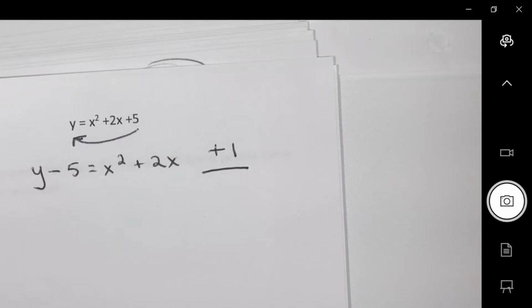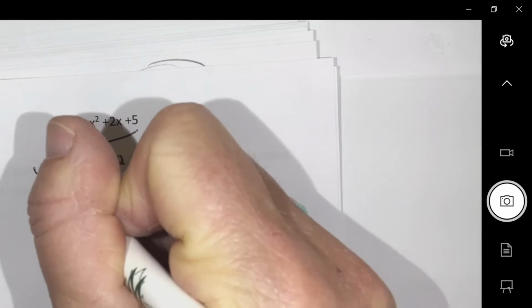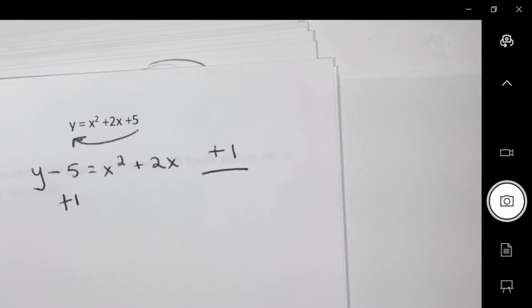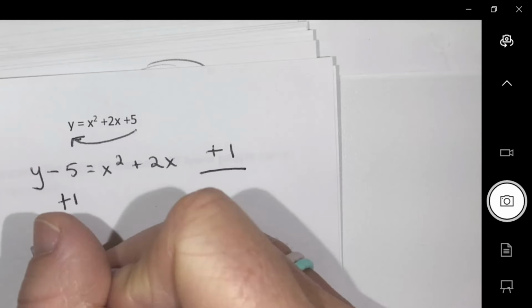Step 3, we threw that in there. We created it. It wasn't there. So we need to balance the math teeter-totter out. And finalize is the step 4.